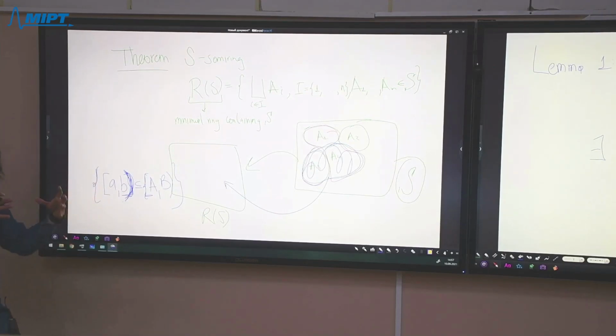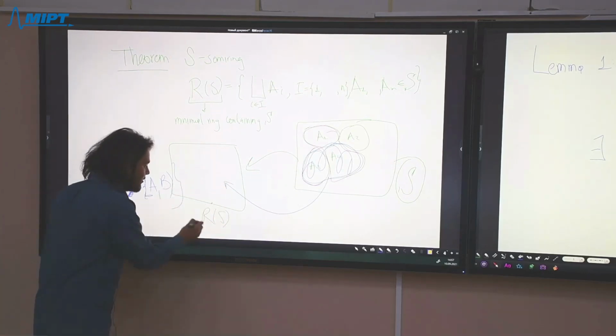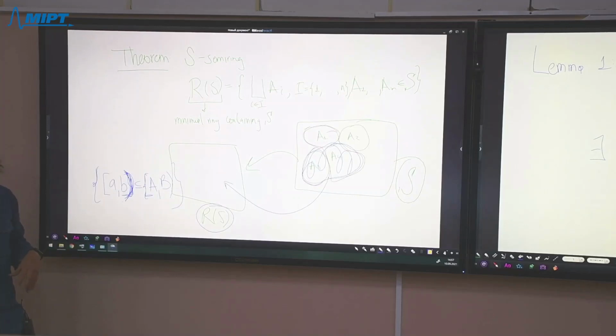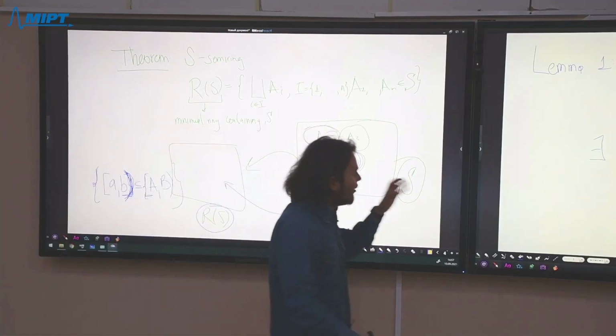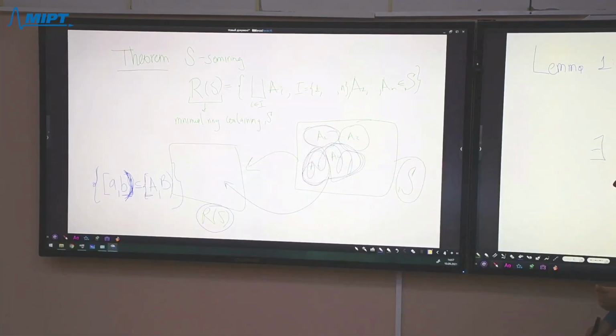The disjunctive union of all of it will give us this. Okay, good. Now we already have a ring.